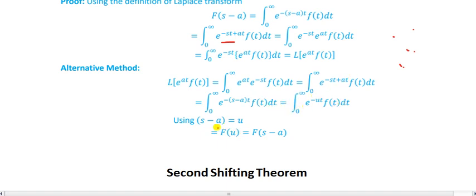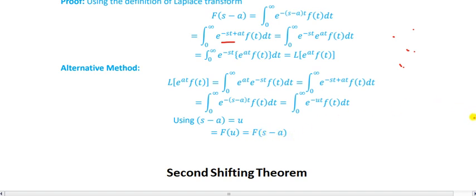Now let us represent s minus a by u, then it is similar to the Laplace transform of u. Then again, as we have replaced u by s minus a, we can just write the Laplace transform of s minus a.